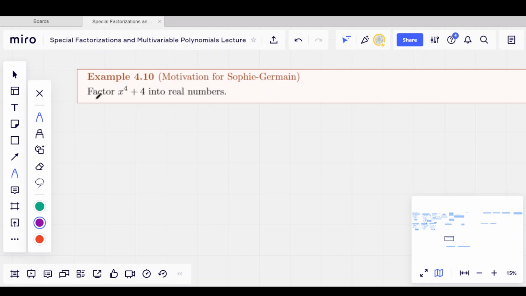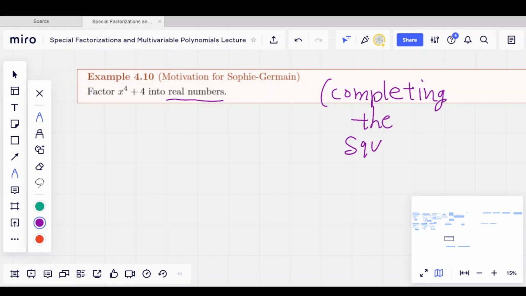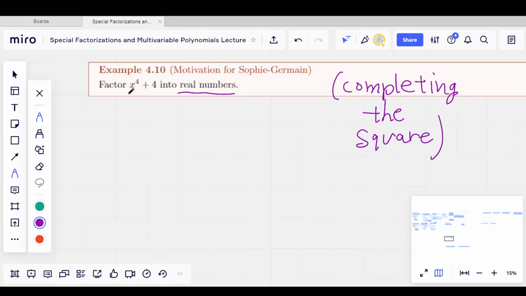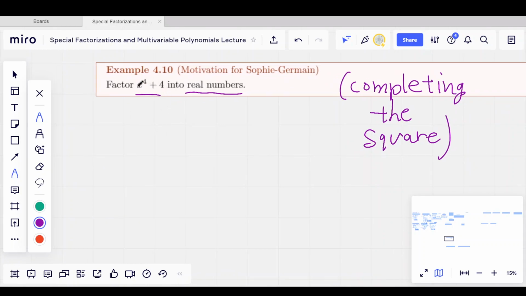So this problem says factor x to the 4th plus 4 into real numbers. Real numbers, okay? So don't overthink this. I'll just solve this problem. So we just use completing the square. This is taught in Algebra 1, but it is a very useful strategy. So basically what you do is you make this a square.